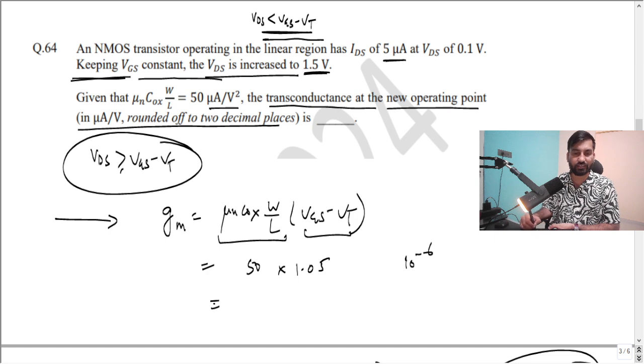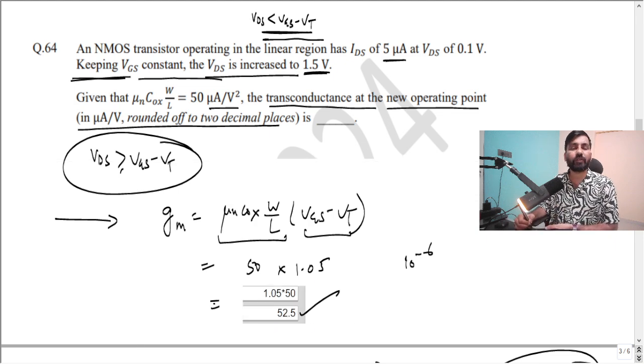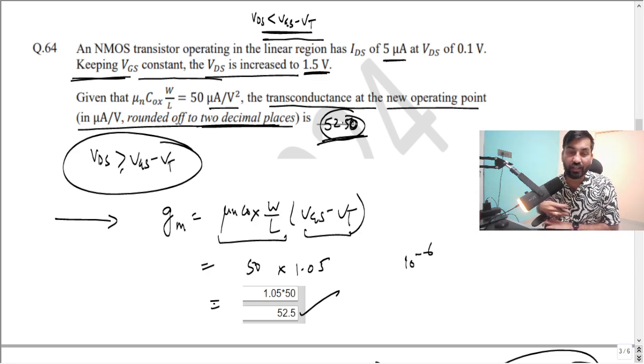If you multiply this, you will get 52.5. This 52.5 is the correct answer, and you have to round it off to 2 decimal places, so 52.50. That's it. How simple this question is, and it was asked for 2 marks.